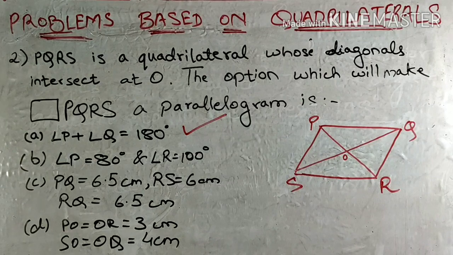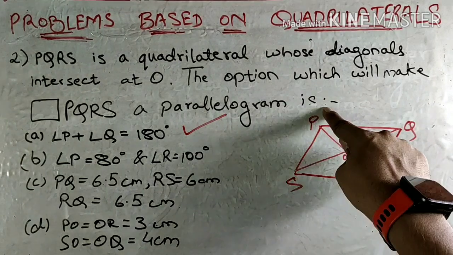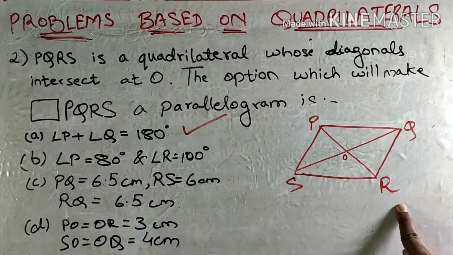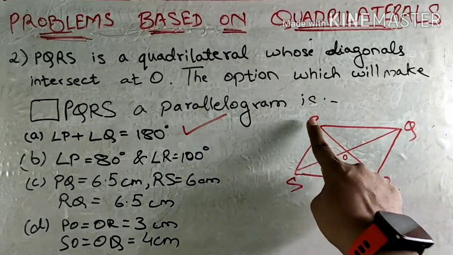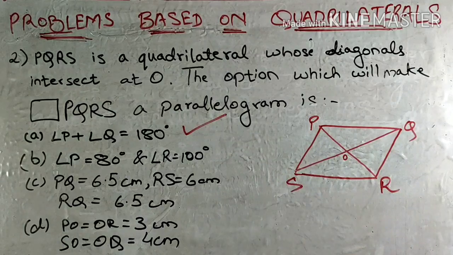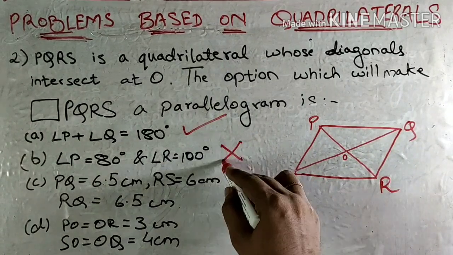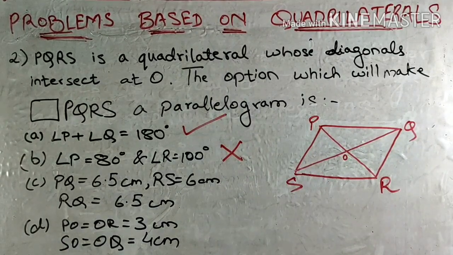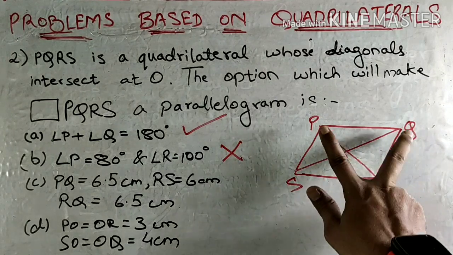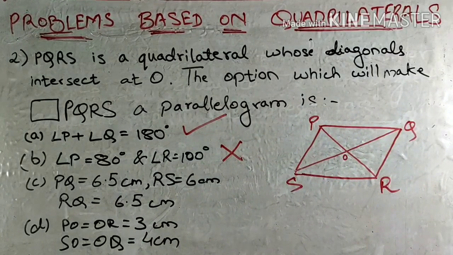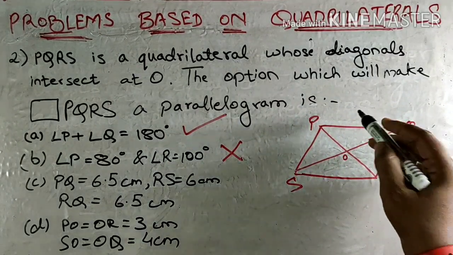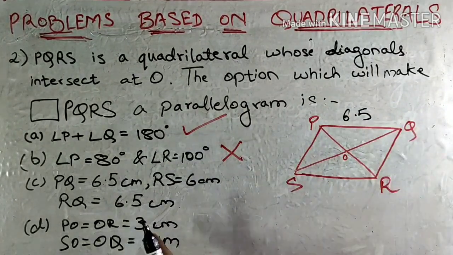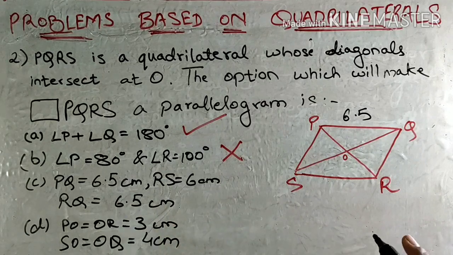Next, angle P is equal to 80 degrees and angle R is equal to 100 degrees. Is this possible? No, because opposite angles of a parallelogram should be equal. So this stands false. Next, PQ is equal to 6.5 centimeters, and RS is equal to 6 centimeters.